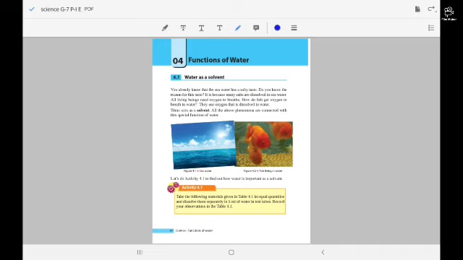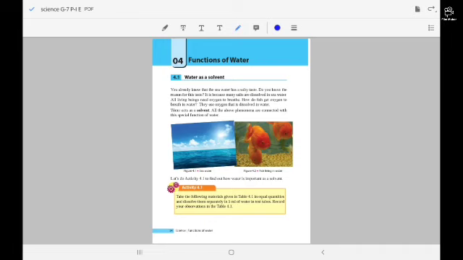Then let's do activity 4.1 to find out how water is important as a solvent. Take the following materials given in table 4.1 in equal quantities and dissolve them separately in 5 milliliters of water in test tubes.